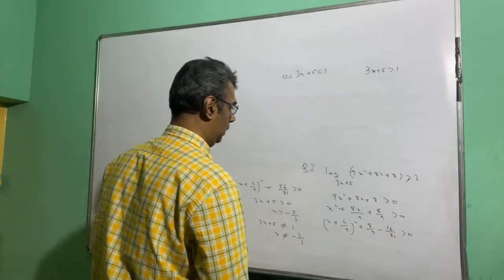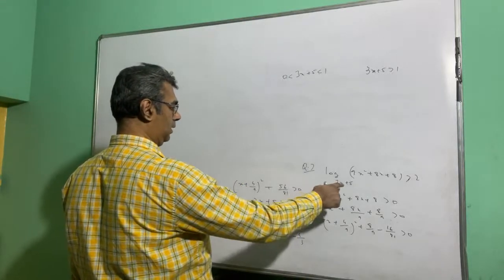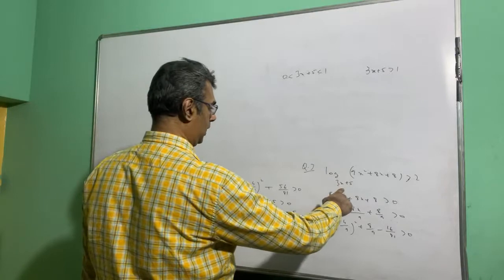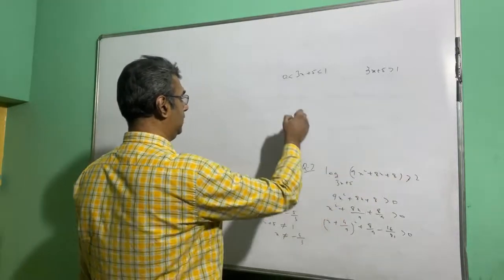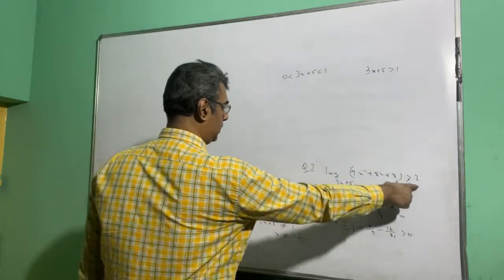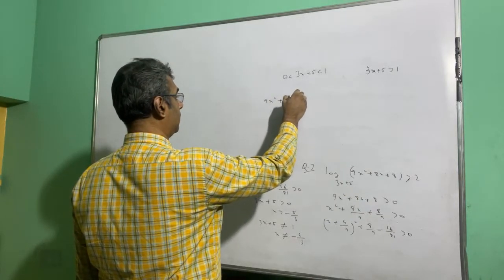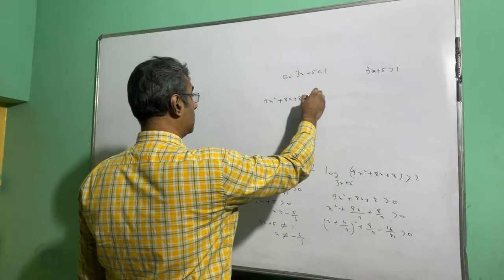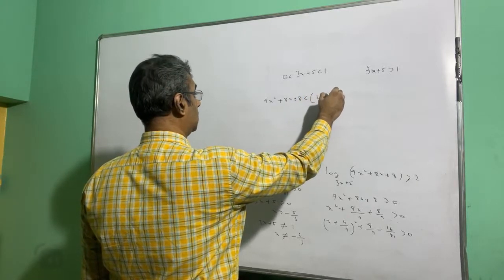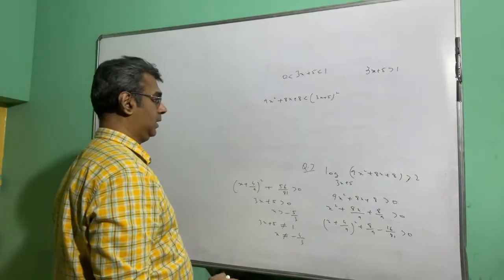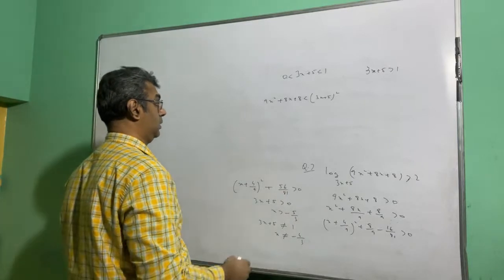So what you have to do is that for removing log, you have to transfer 3x plus 5 and change the inequality. So if I transfer 3x plus 5 to that side, so 9x square plus 8x plus 8 will be less than 3x plus 5 whole square.